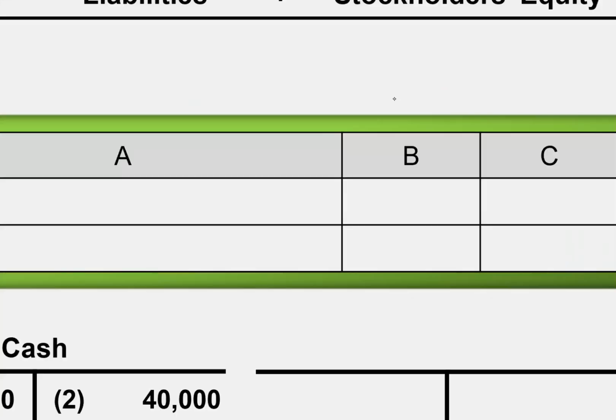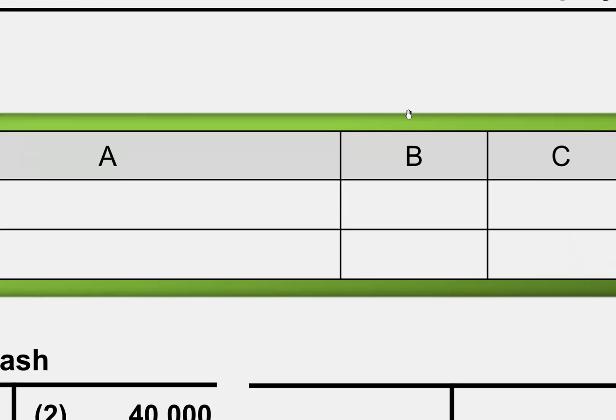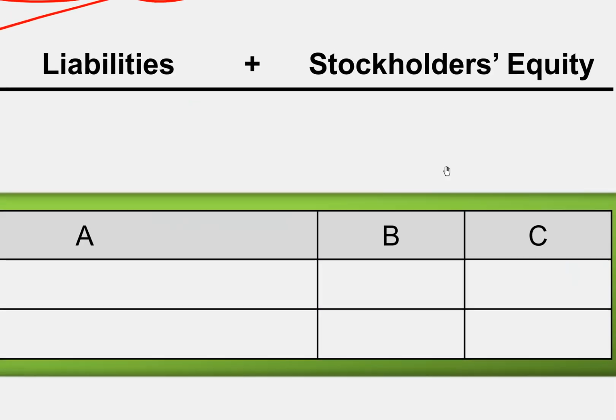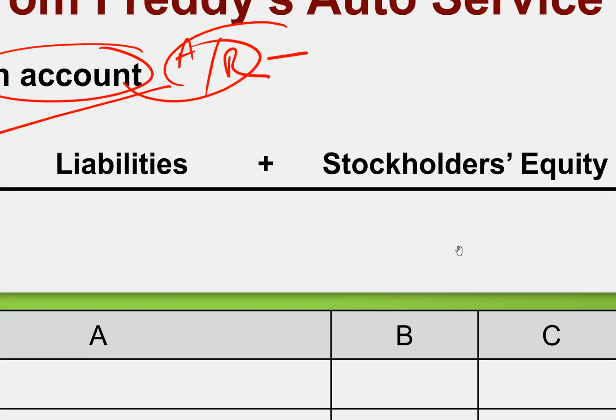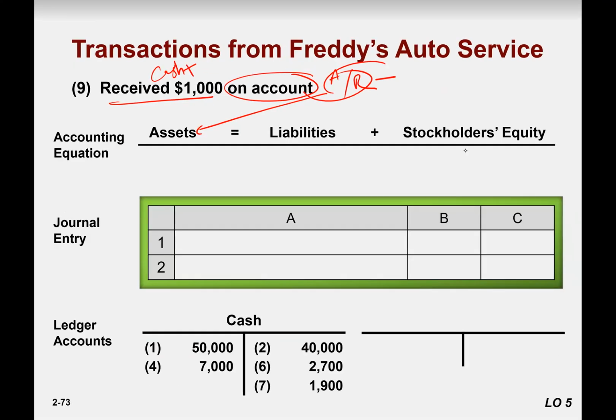Decrease in asset means credit, increase in asset means debit.